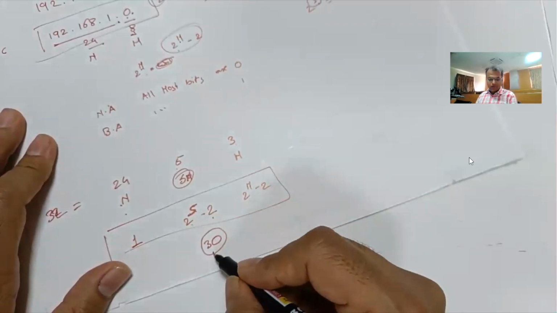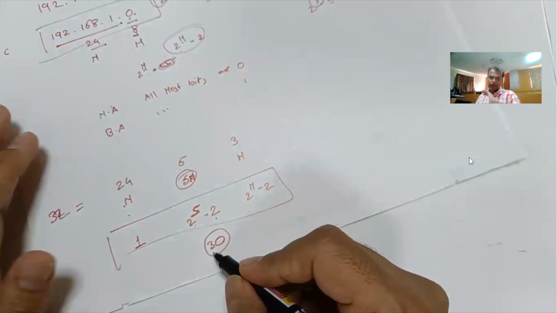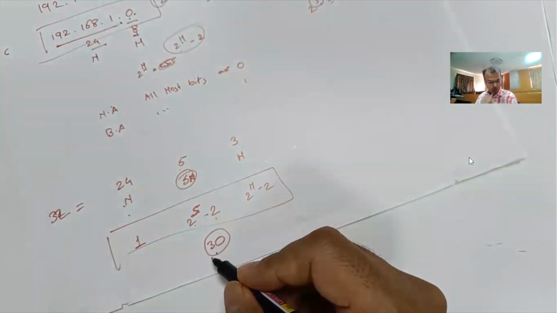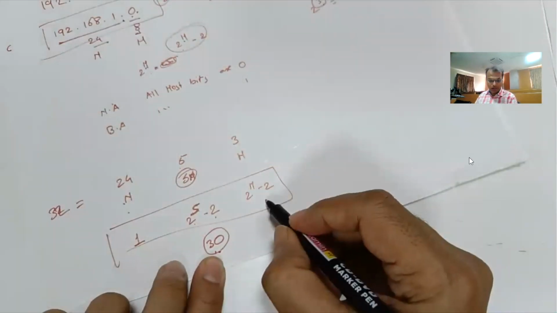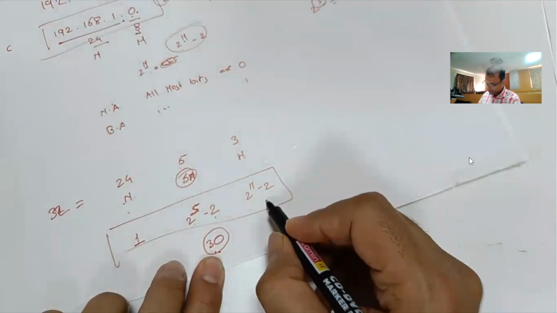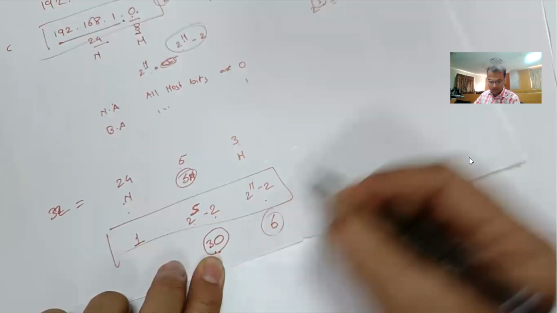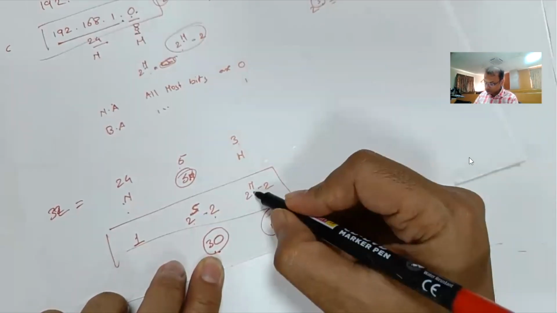So I can divide my complete MIT network into 30 max departments. And in each department, I can have only how many machines? 6 machines, because it is 2 raised to 3 minus 2.